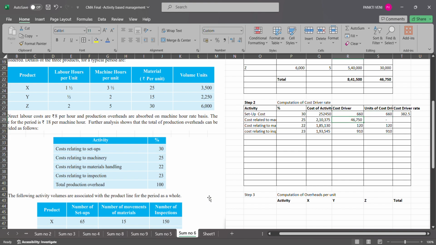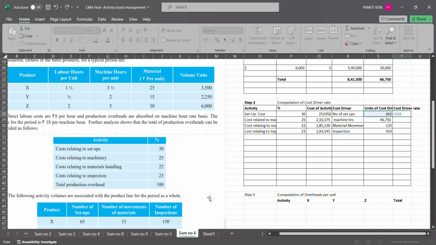So here it will be number of setups, then machine hours, then material movement, then cost relating to inspection, inspection cost.